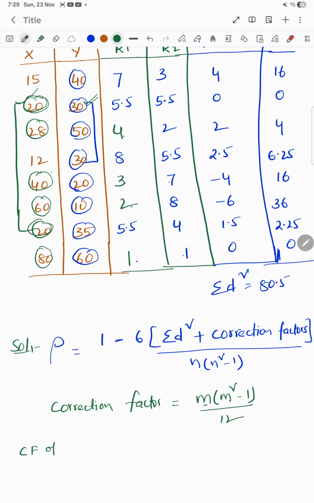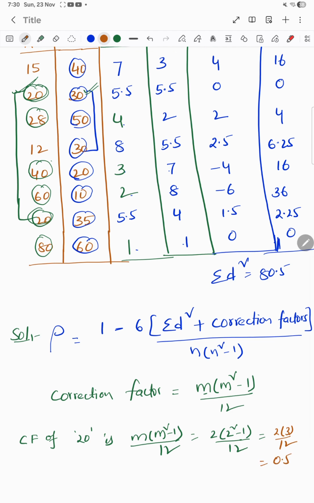Correction factor of 20 is 2 into 2 square minus 1 by 12, that is 2 into 4 minus 1, 3 by 12, that is 6 by 12, which is 0.5.